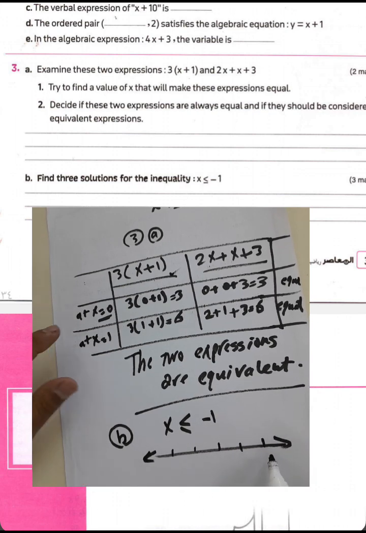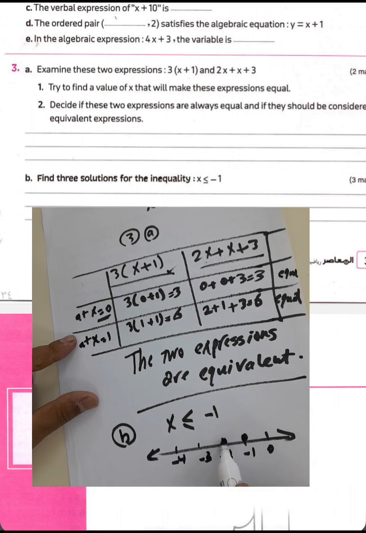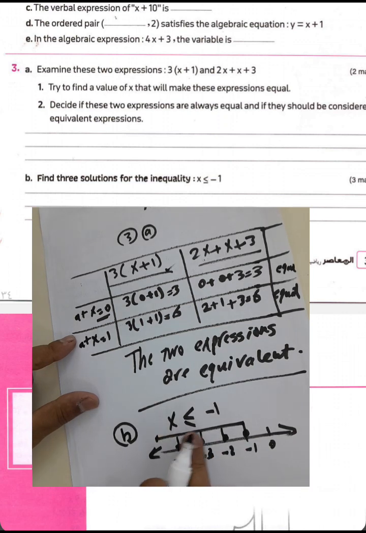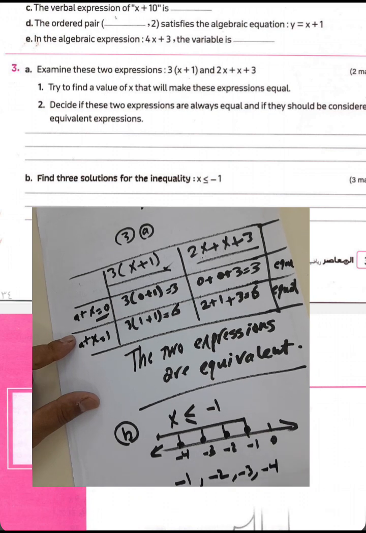We have lots of solutions: 0, -1, -2, -3, -4. The solutions will be -1, -2, -3 down to negative infinity. Then the solution begins at -1, because we have x less than or equal to -1: -1, -2, -3, and -4.